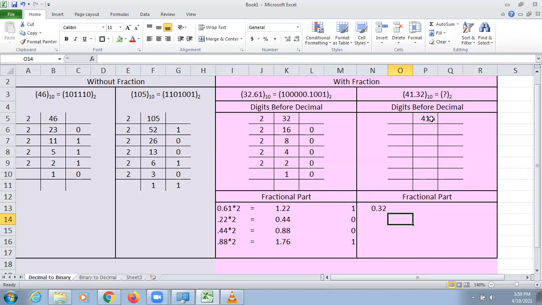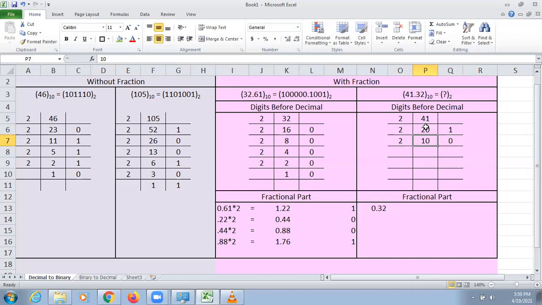Okay, now let's consider the next number, that is 41.32, and divide it by 2. 2 twos are 4 and 0. Remainder is 1. Now 2 tens are 20. Remainder is 0.